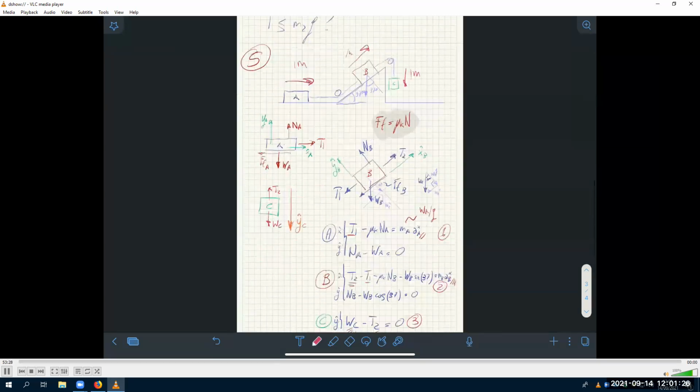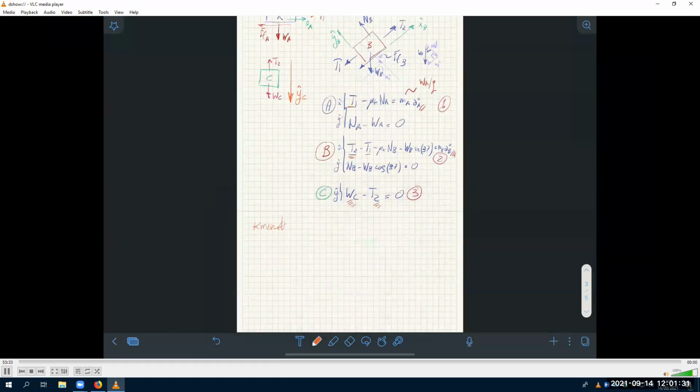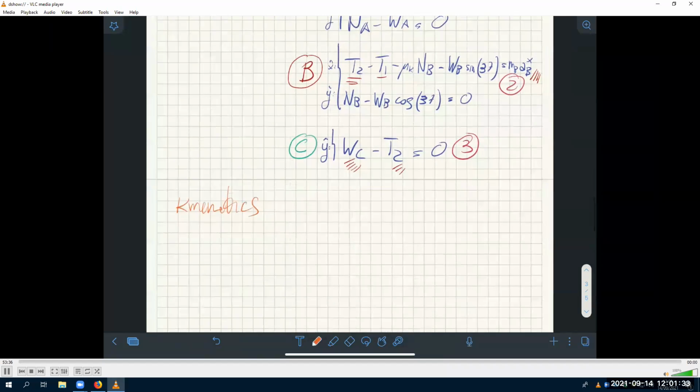Okay, so the first kinematic relationship says that the displacement of A along its own x-axis equals the displacement of B along its own x-axis. The second relationship says that the displacement of B along its own x-axis equals the displacement of C along its own y-axis. All right, and these are all positive.